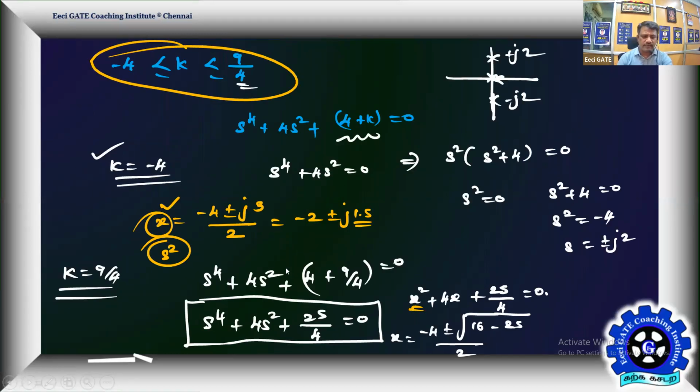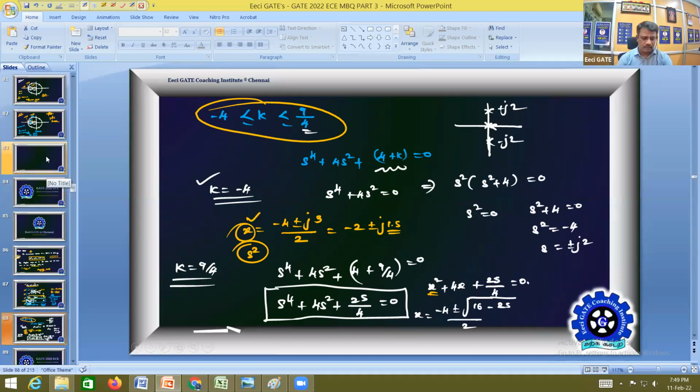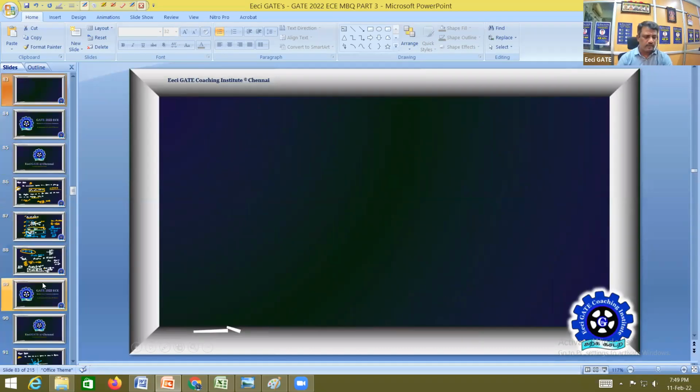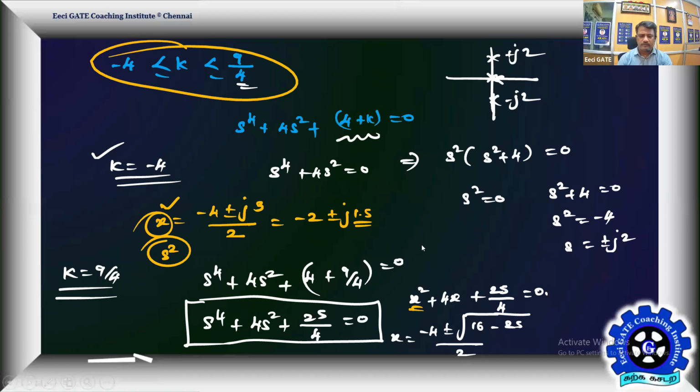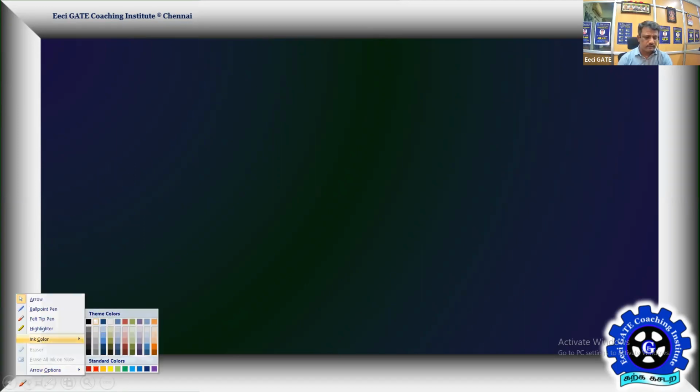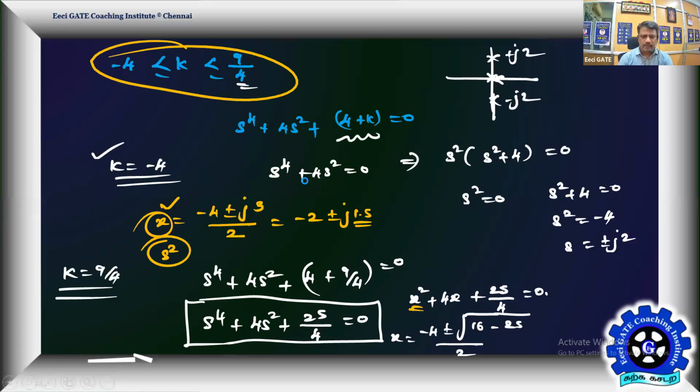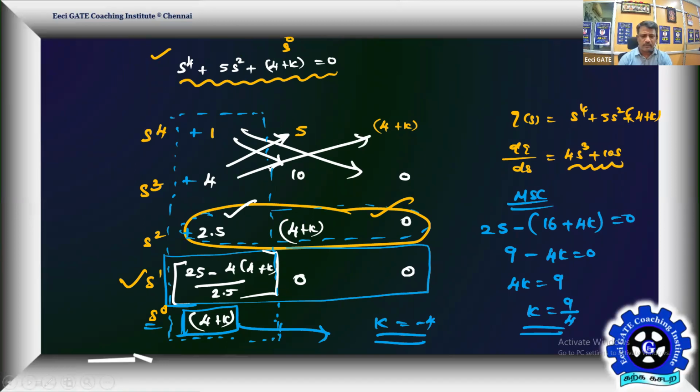Let me take a slide. So k is equal to 9 by 4. Then take the auxiliary polynomial from the RH. This is the auxiliary polynomial.